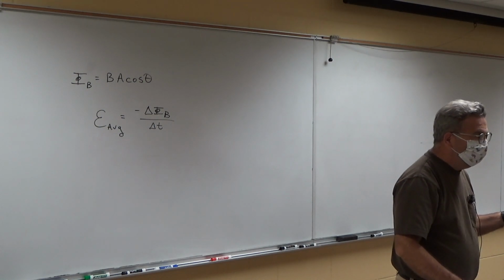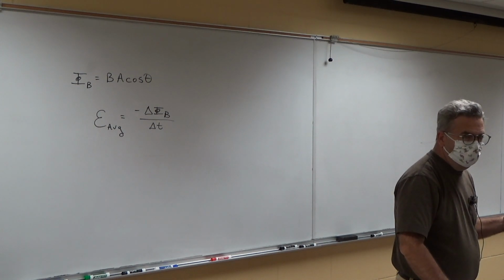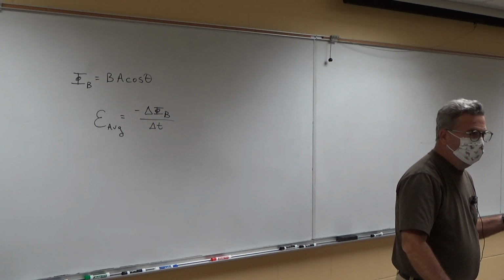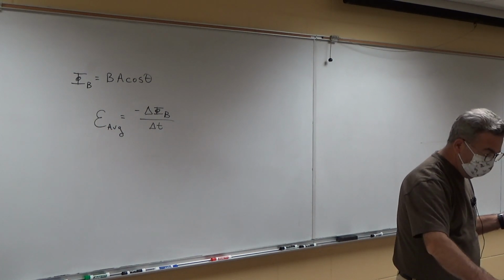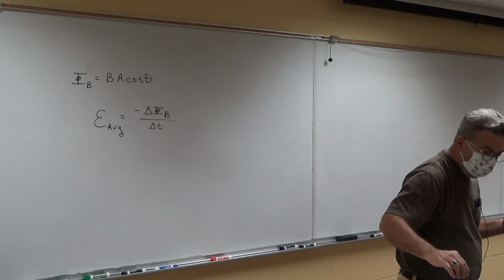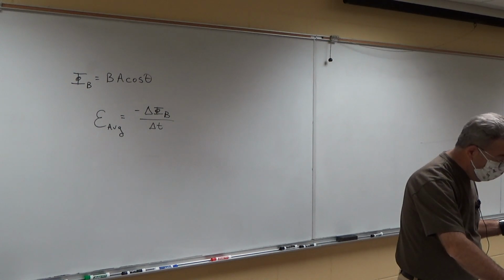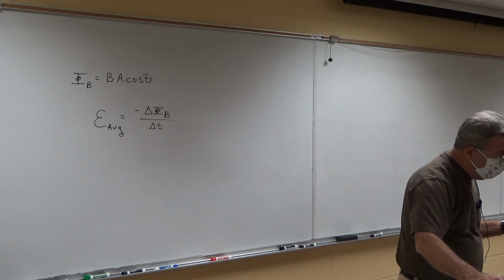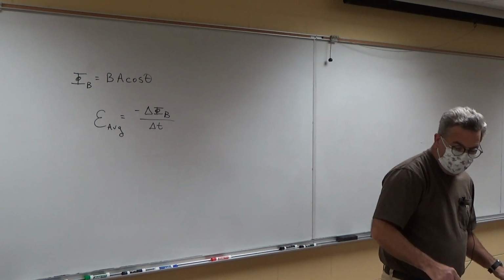Okay, this is how generators work. You have a changing flux in a coil. You get current, or an EMF. All right. The faster I change it, the larger the induced EMF. Change it very slowly, I get a small induced current.